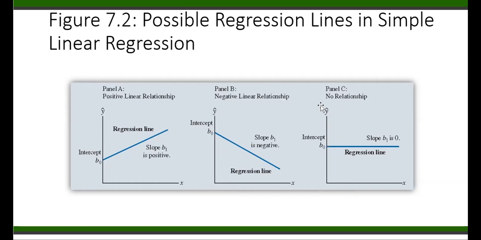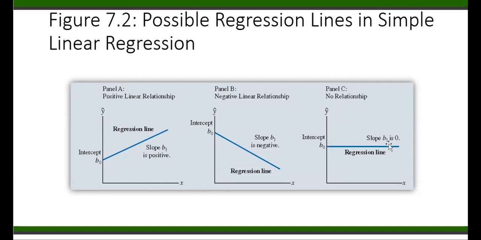We can't comment really on the nonlinear. We may have some nonlinear relationship and you still get a slope of 0, which would only indicate that there is no linear relationship between x and y, all right? So when there is no linear relationship, you get a flat line.